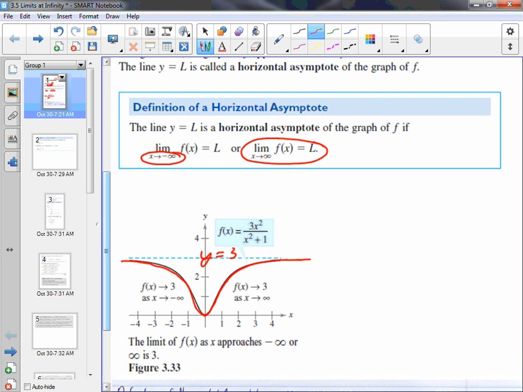So we would say that the line y equals 3 is a horizontal asymptote. We would also say that the limit of f of x as x approaches infinity equals 3. We would say the limit of f of x as x approaches negative infinity equals 3. You with me so far? All right. Graphically, not all that hard to tell, is it?